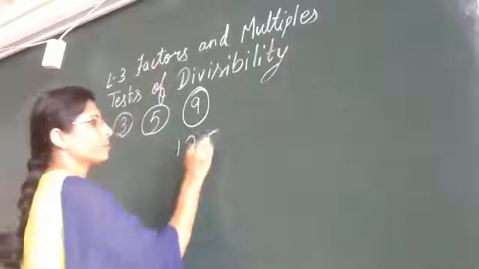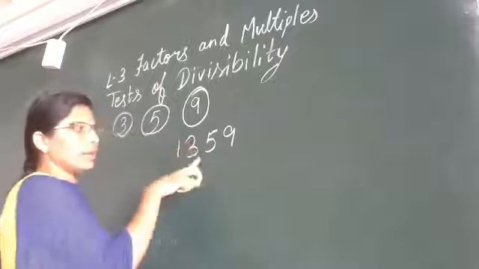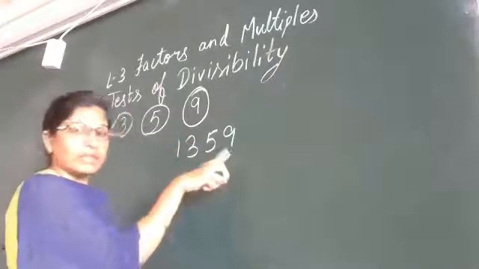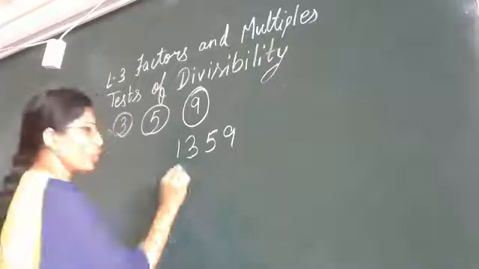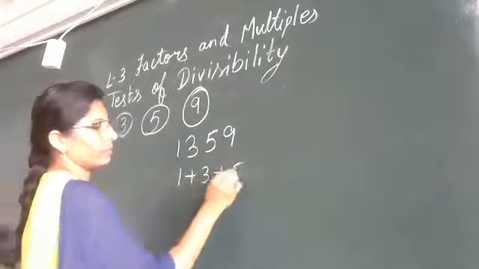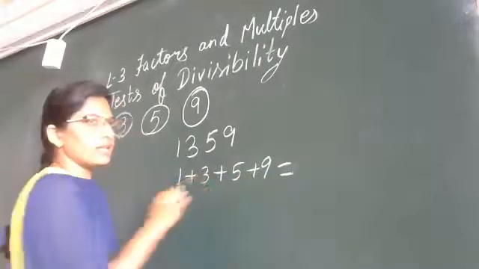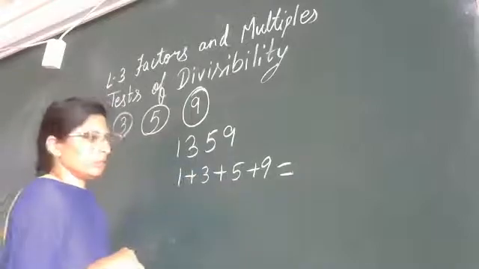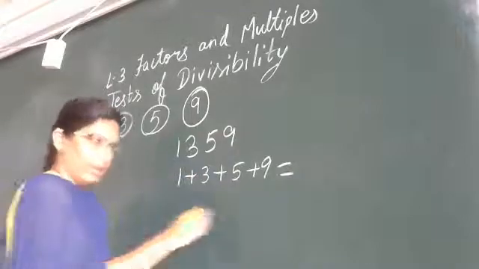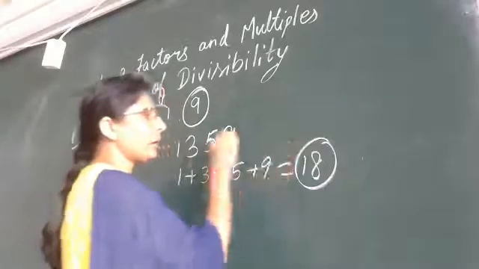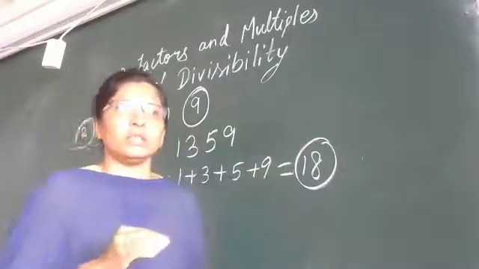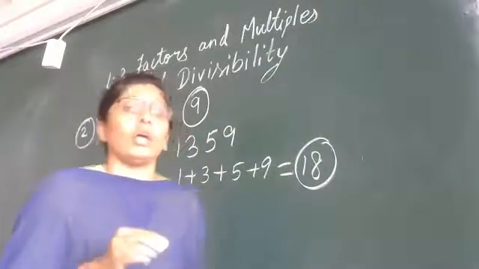Now for example, 1359. Same as 3, you have to add and see. What answer are you getting? 18. 18 will come in the 9 table. Okay.